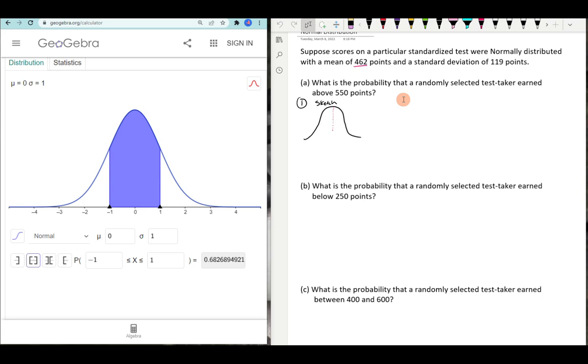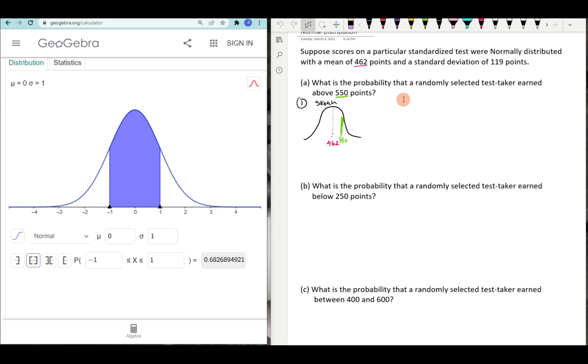So I know here that the peak of this thing that I have sketched is 462 points. That means that my point of interest, the 550 points, because 550 is larger than 462, it must be higher. I don't usually get too picky about exactly where I draw it. I just know it's somewhere larger than 462.